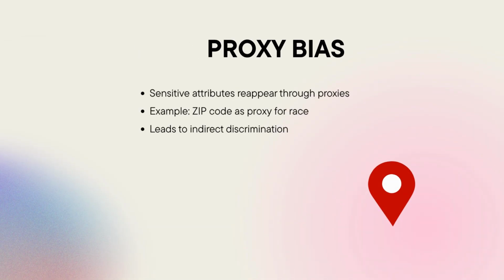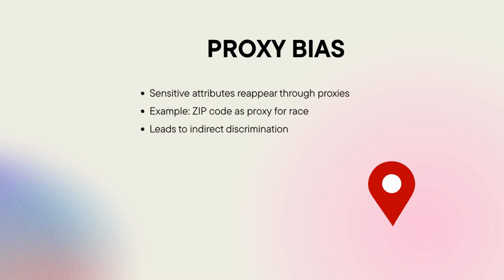Proxy bias arises when seemingly neutral variables act as stand-ins for sensitive attributes. Even if race, gender, or income are removed from a dataset, other features may correlate strongly enough to reintroduce them. A classic case is zip code.